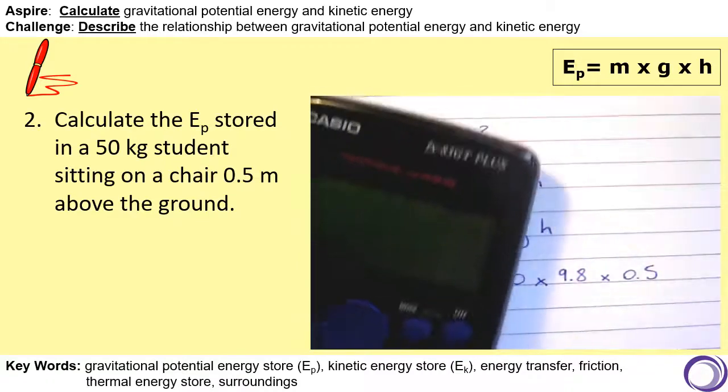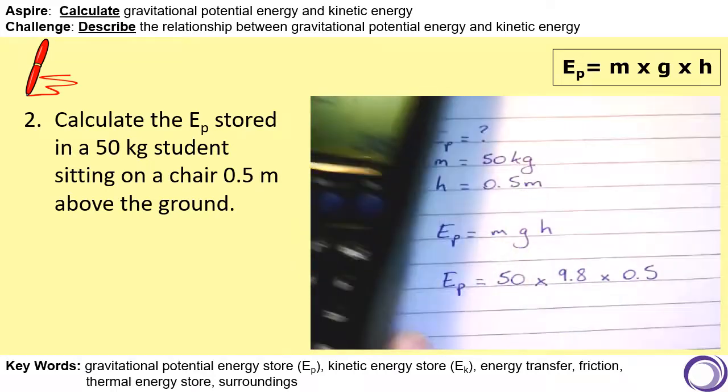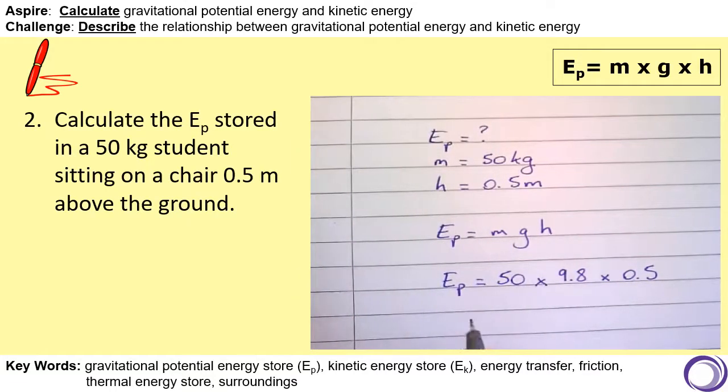So calculator, and I do 50 times 9.8 times 0.5 equals 245. So my EP is 245, and the unit for gravitational potential energy is joules.